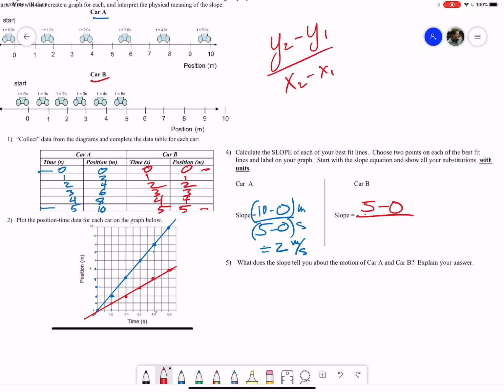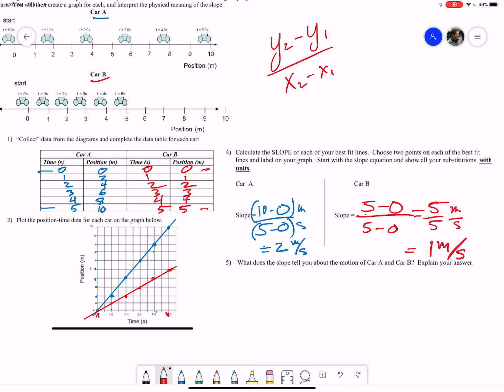Down below, same thing. I had, for my x value, 5 seconds and 0 as well. So I have 5 over 5 meters over seconds, and I get my slope to be 1 meter per second.